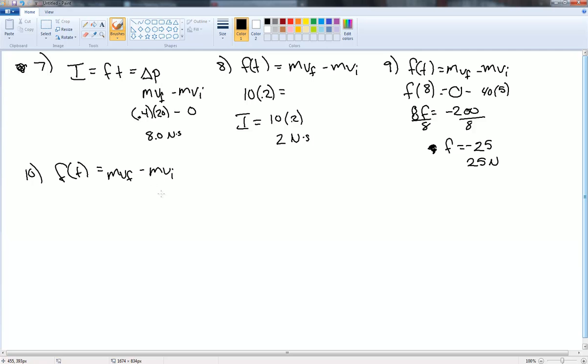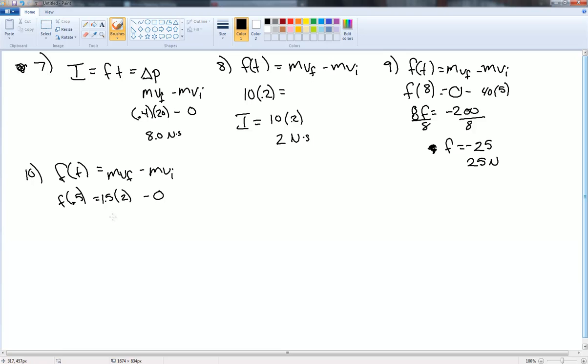In this case, the cart was starting at rest, so the initial velocity was 0. It's a 1.5 kilogram cart, and you want to bring it to a speed of 2 meters per second. You're looking for the force, and it's happening over a half second.